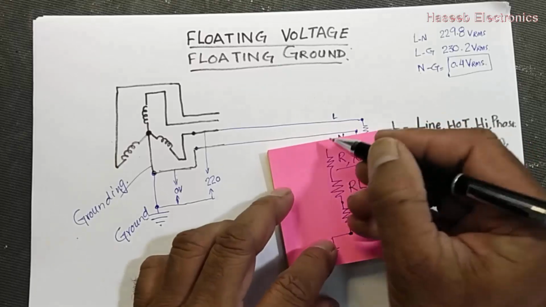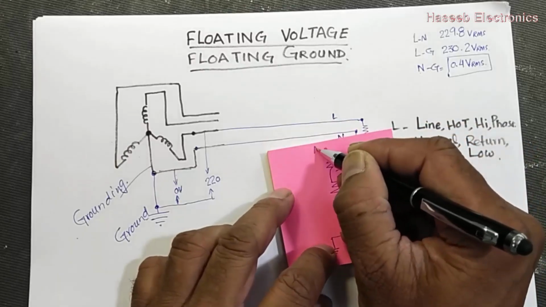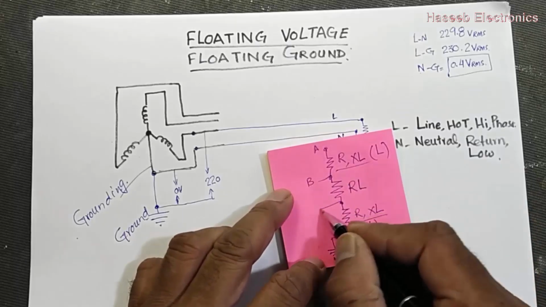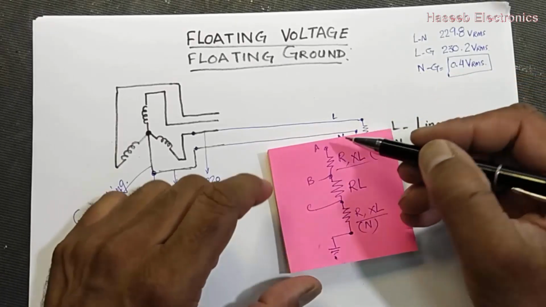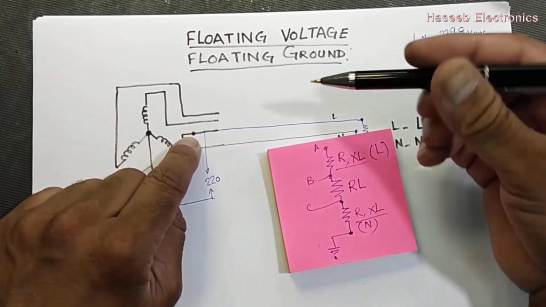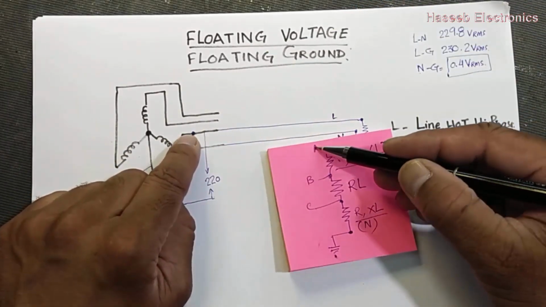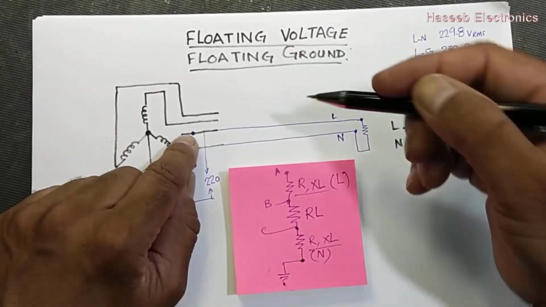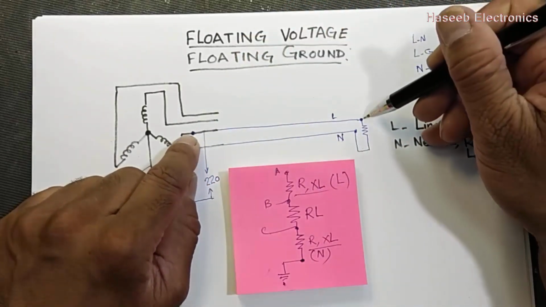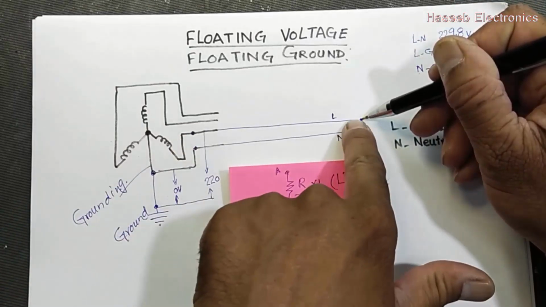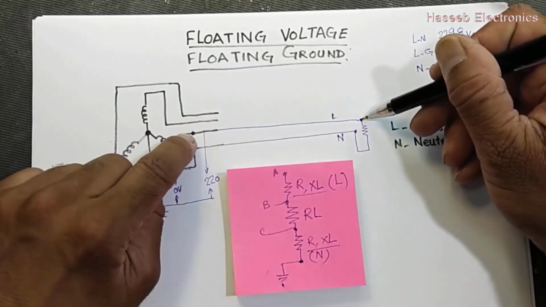Now we have to consider point A, point B, point C. Point A is the starting point from here, so we will take the full voltage here. But from this point to this point, this is point B, so point B will be different from this point. Why?